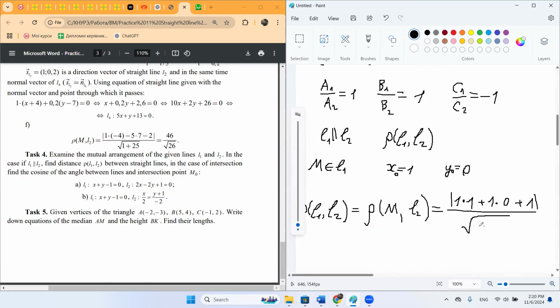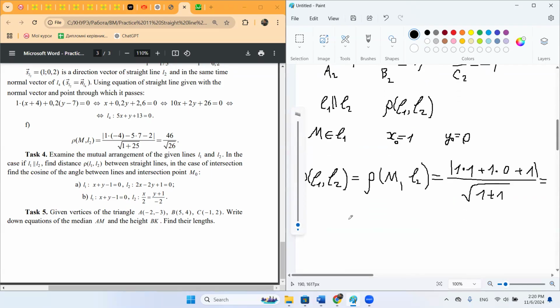And 1 plus 1, actually. So what we have, 2 by square root of 2, and we can even simplify, just not to use irrational coefficients at the bottom, so square root of 2. Any questions about this task, or no questions?